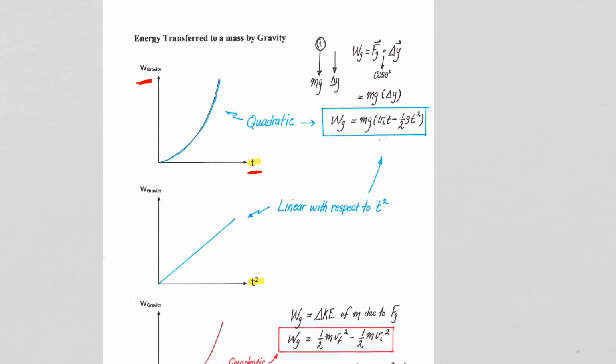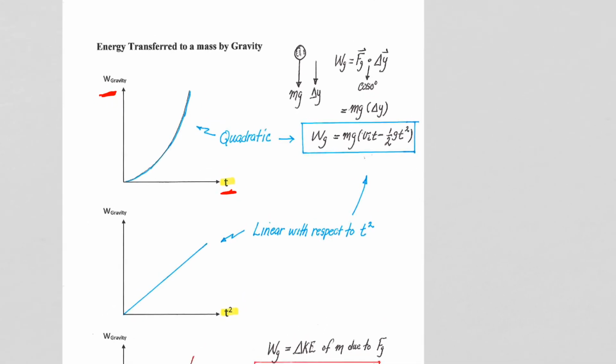So if you were asked to graph the general shape of the work done by gravity, the energy transferred to an object by gravity, as a function of time, as an object is falling, that can be a little tricky to think of in your head without actually analyzing what's going on.